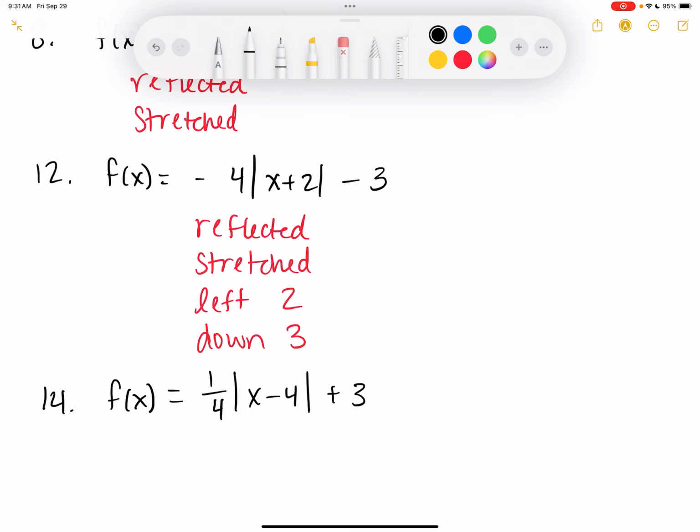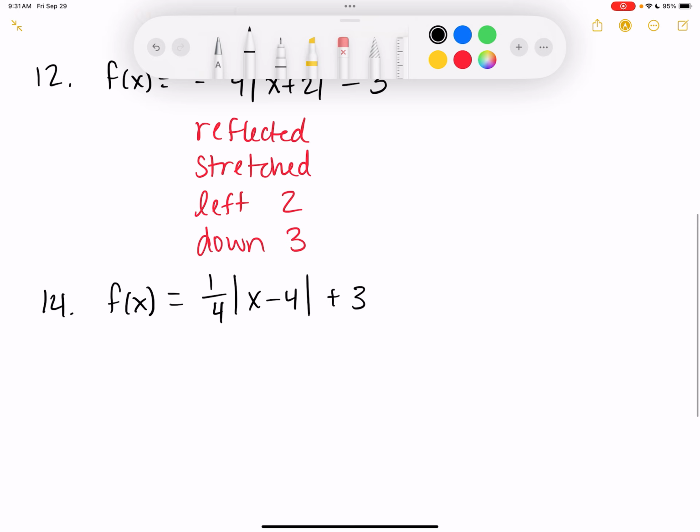So with this one, what would be happening? It's not reflected, because it's not a negative number. It's compressed, because 1/4 is less than 1. So basically, it's only ever going to be compressed if there's a decimal or a fraction there, not a fraction that would be greater than 1, like 3/2.